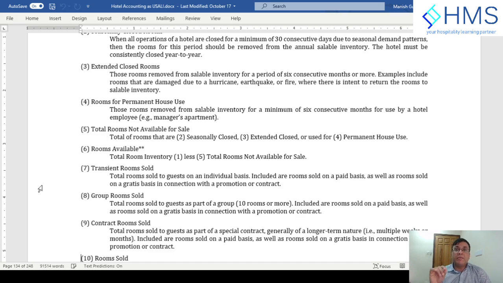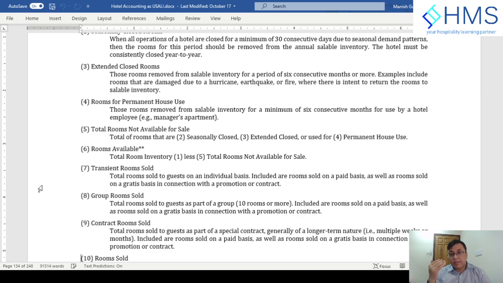Now, sometimes you may be running a promotion, pay for 2 nights and get 2 nights for free. So the guest is paying for 2 nights, another 2 nights are free. Those free room nights will also be considered as room nights sold. They will not be considered as complimentary or FOC room nights. They are still considered as paid room nights and will be part of the occupancy statistics or ADR statistics.